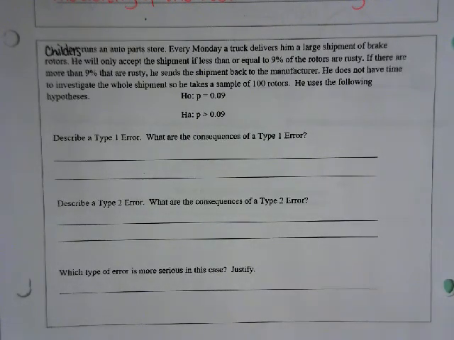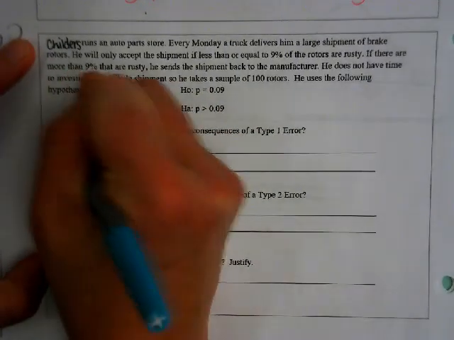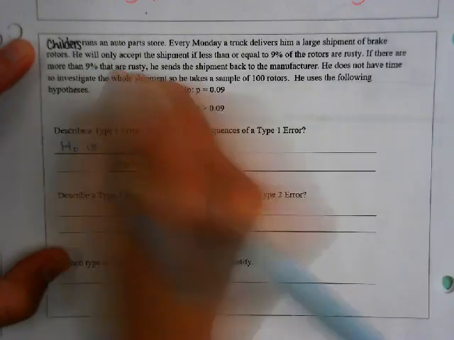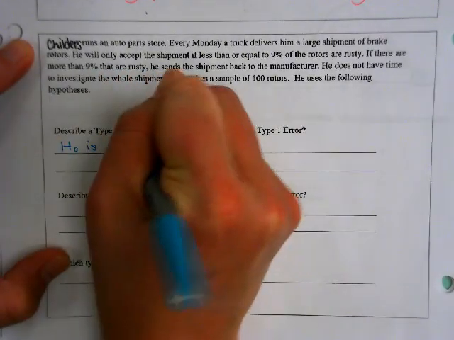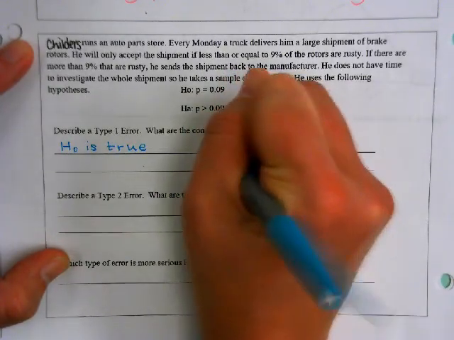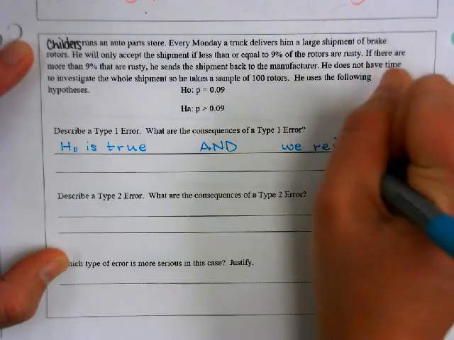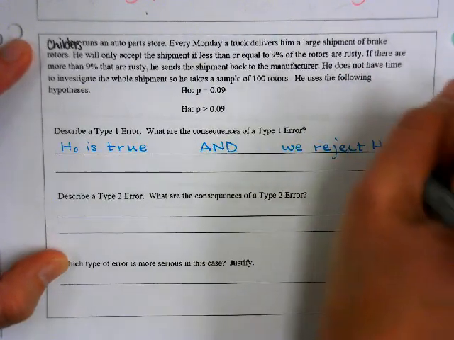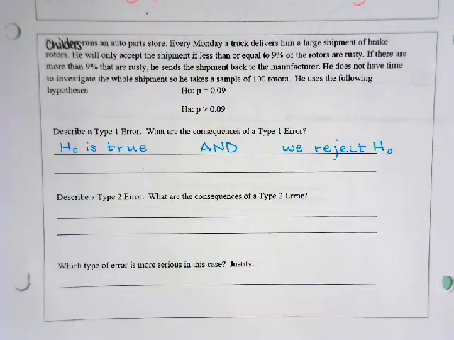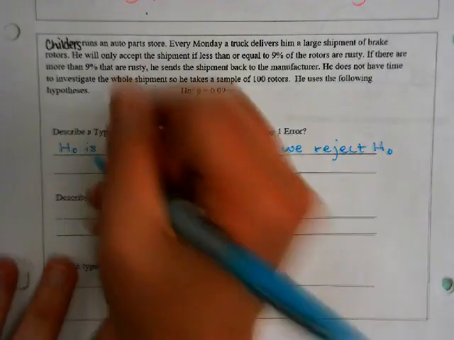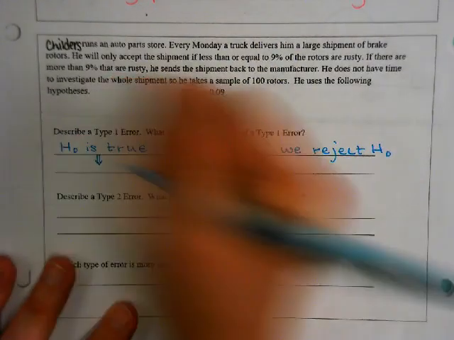So we're going to describe a type 1 error, and then we're going to state some consequences of making a type 1 error. So a type 1 error, H null is true, and we choose to reject H null. So in this context, if H null is true, 9% of the rotors are rusty.